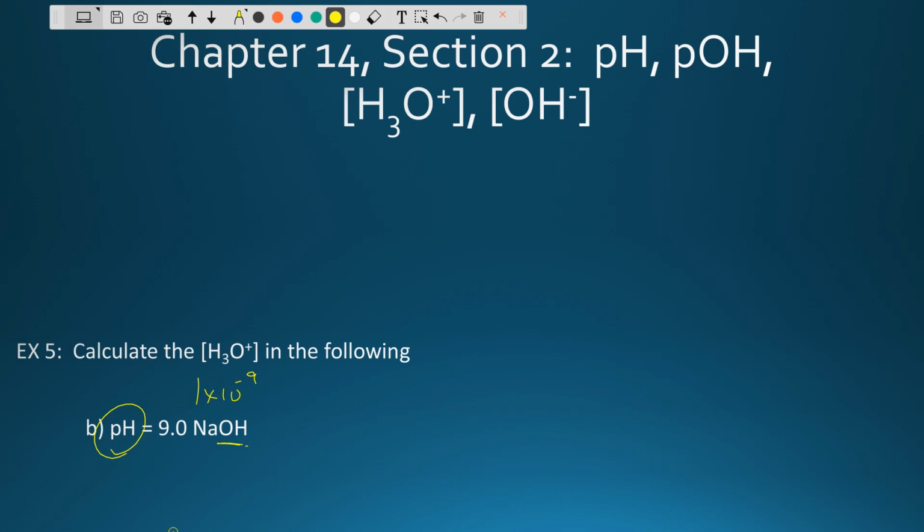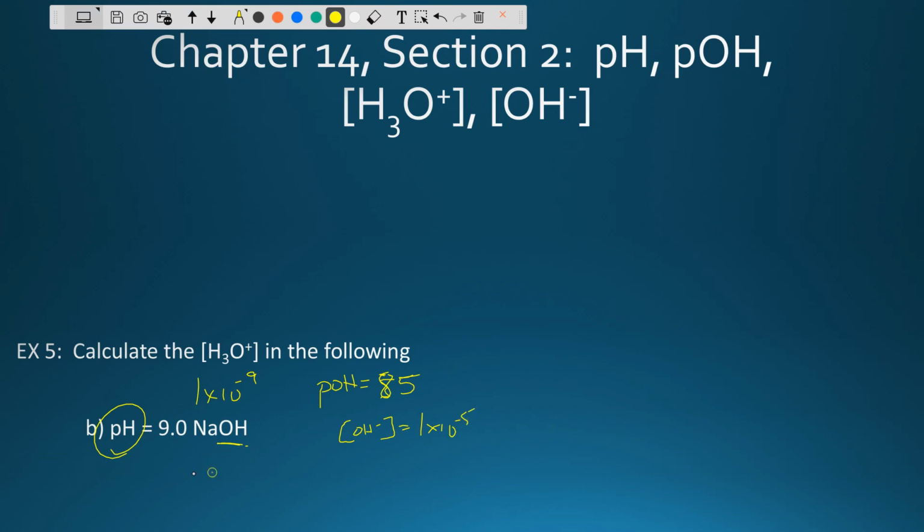I misspoke. That's going to be a pOH of 5 because 9 plus 5 is 14. And so my hydroxide concentration then would be 1 times 10 to the negative 5.